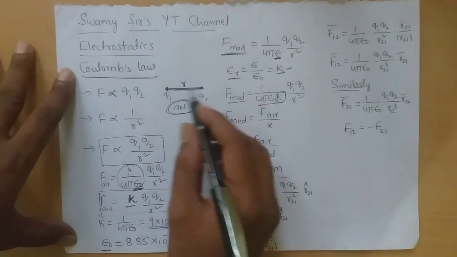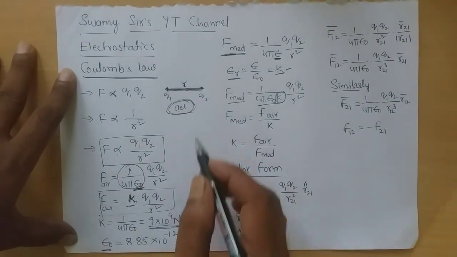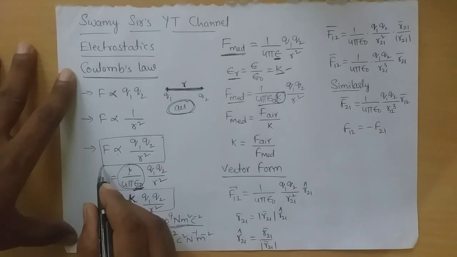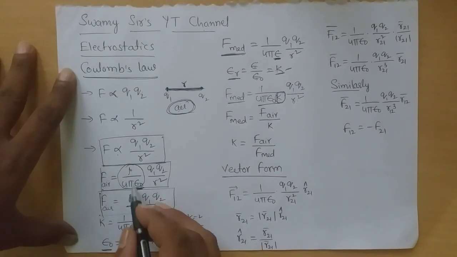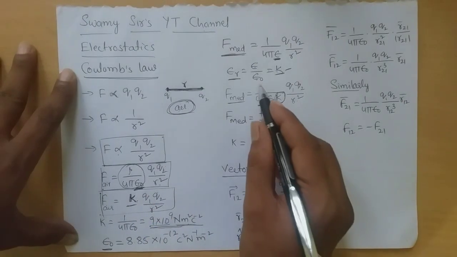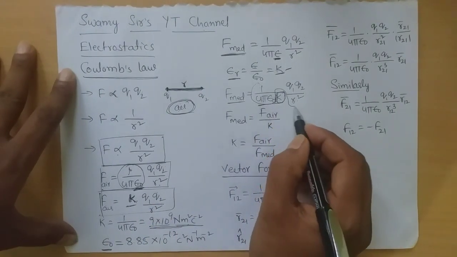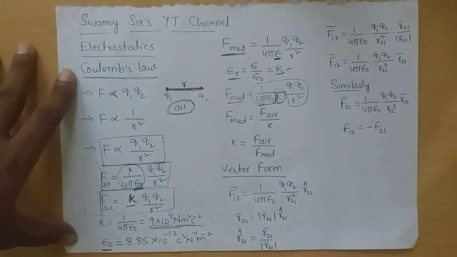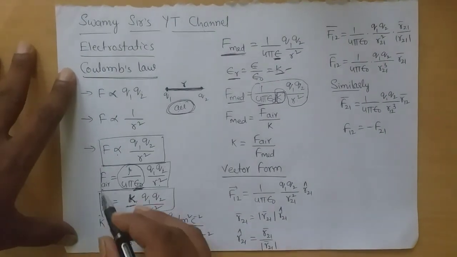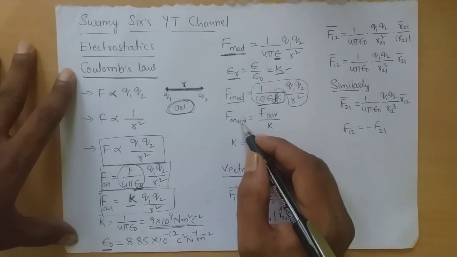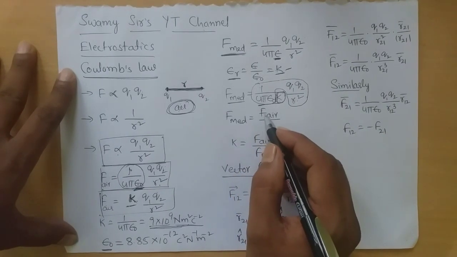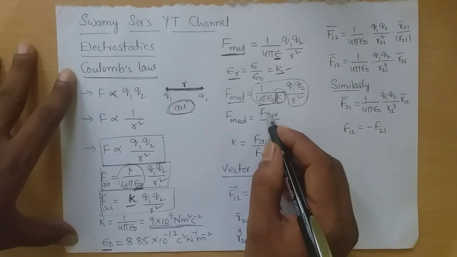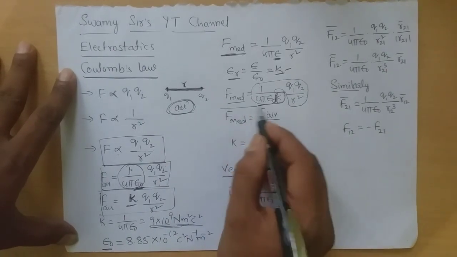Whenever these two charges are placed in air, the electrostatic force between them is F air equal to 1 by 4 pi epsilon naught q1 q2 by r square. So in place of that expression I write F air. Now the electrostatic force between the charges in the medium equals the electrostatic force in air divided by K, the dielectric constant.